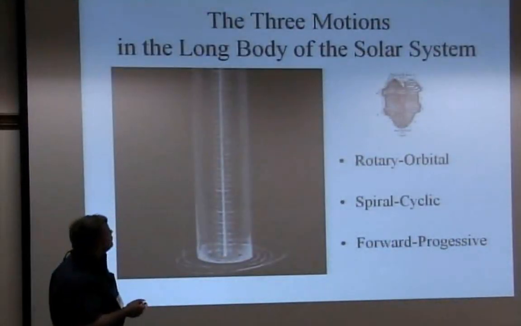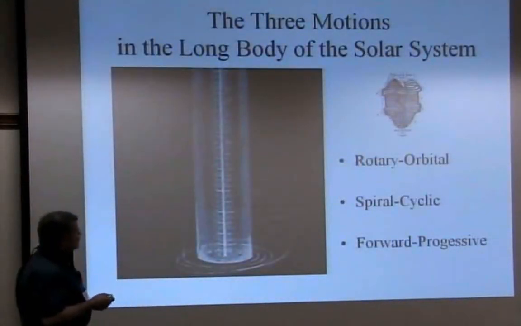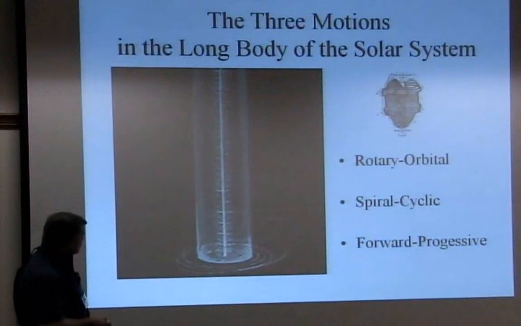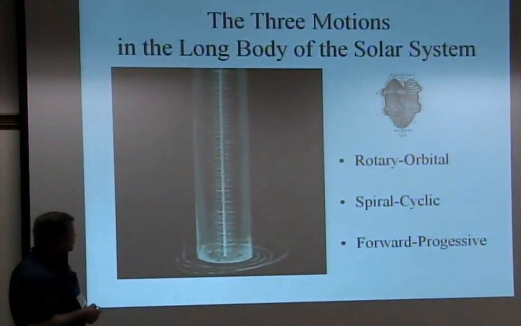Here we have the three motions in the long body of the solar system. This is basically the sun moving through space. These are the orbits of the planets around here. It's a rather spotty graphic, I know, but you have the inner planets rotating around the center very fast, and the outer planets, Pluto, every 250 years.